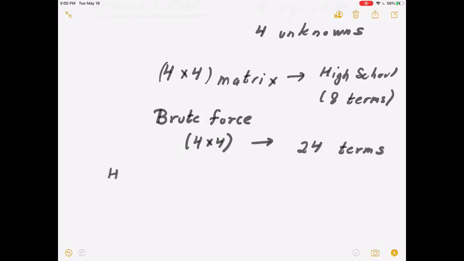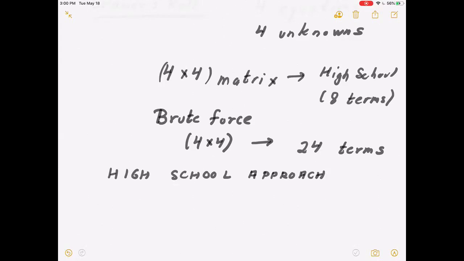So the message here is this high school method, which you may have seen, should have seen, and memorized. What I'm trying to convince you is it comes from the algebra in solving those 2 linear equations simultaneously and 3 linear equations simultaneously.